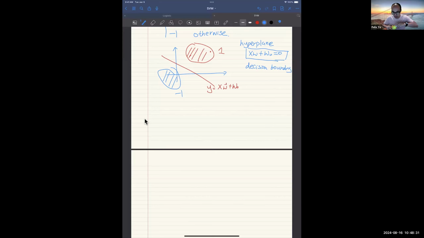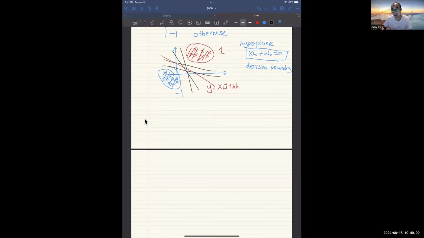But this is kind of interesting. If we have a bunch of data, for example red data right here and blue data right here, and the data is obviously linearly separable because you can always perfectly separate it, then if we apply the perceptron, it might converge to any of these solutions.